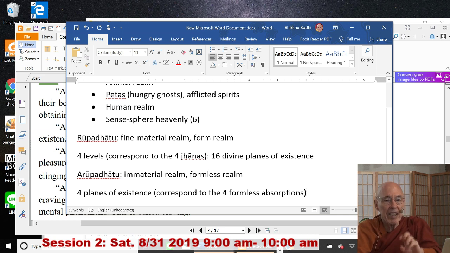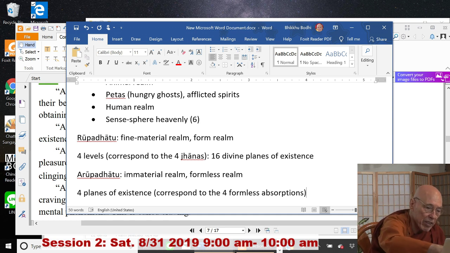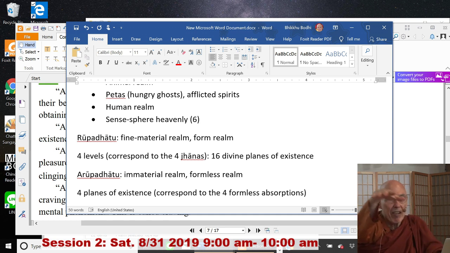And when that meditator passes away, if they still have mastery of that formless meditation, that formless absorption, their mind will take rebirth in the immaterial realm of existence, in the realm that most closely corresponds to the level of meditation that they've mastered.